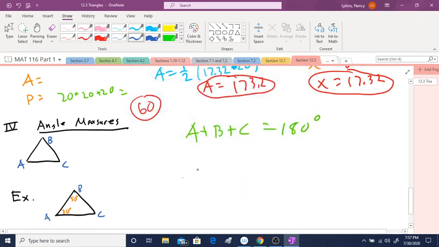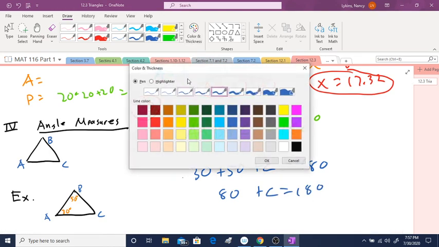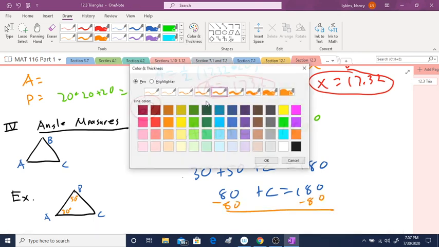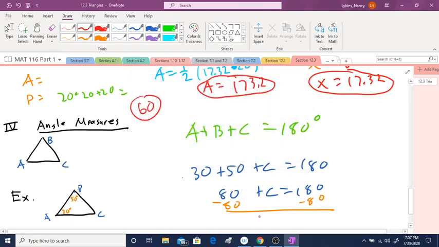So in this case, A is 30, B is 50, plus C equals 180. Add these up. Subtract. C is 100 degrees.